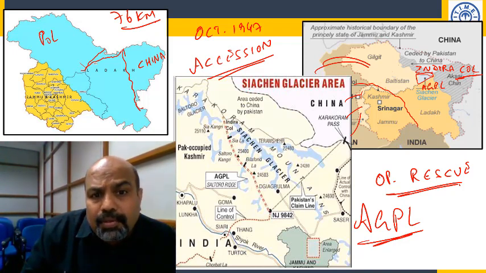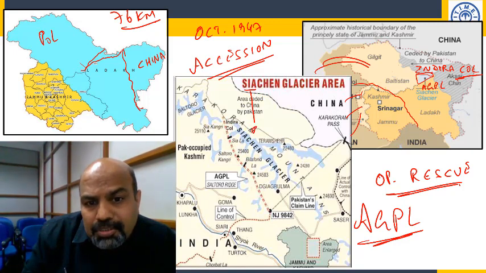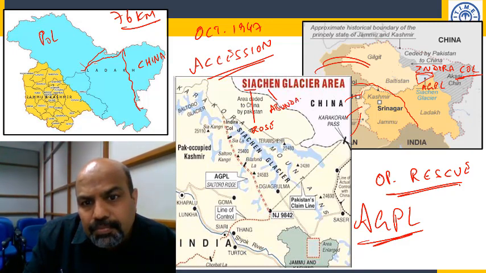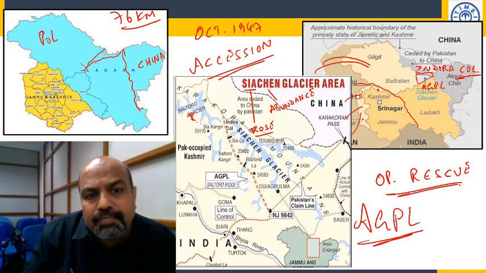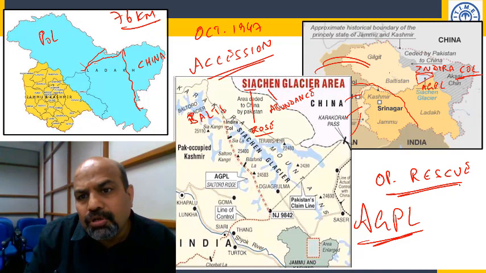Now, Saya means rose. Chen means abundance. This is in the Balti Bhasha, Balti, the local language. This is also called Baltistan.